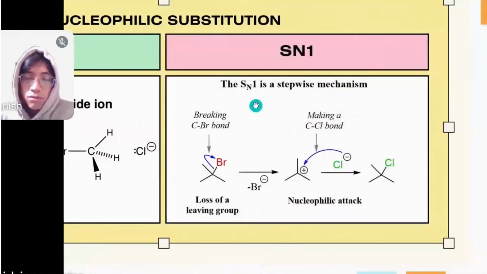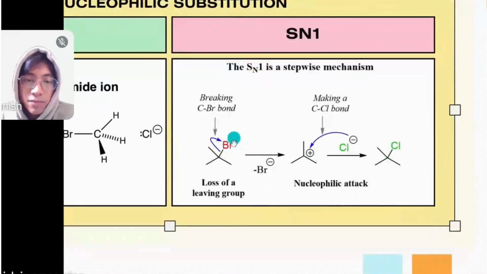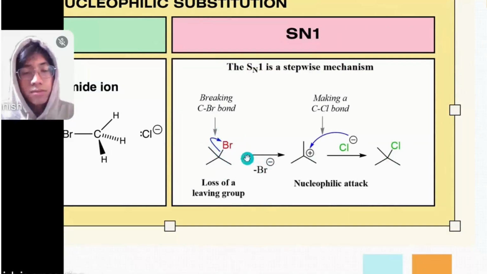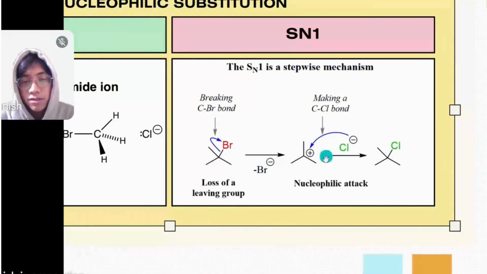Next, we will look at the SN1 reaction. In SN1 substitution, we have two intermediates. The leaving group will leave, meaning this one will ionize. The electron here will form the ion for the bromine. As you can see here, the bromide ion. What happens next is we are left with the carbocation intermediate.